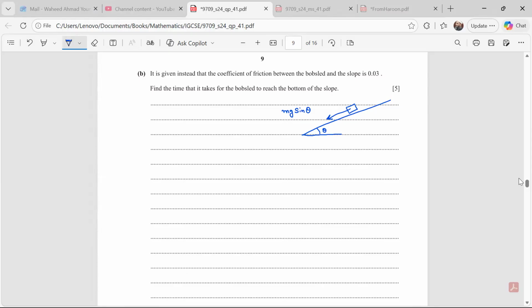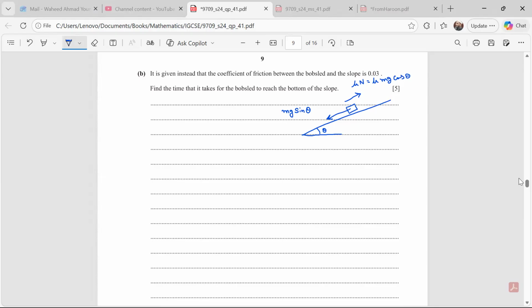Now there's a resistive force. This force is equal to mu times the normal force, and mu times normal force is mu mg cos theta. I hope you all agree with this.